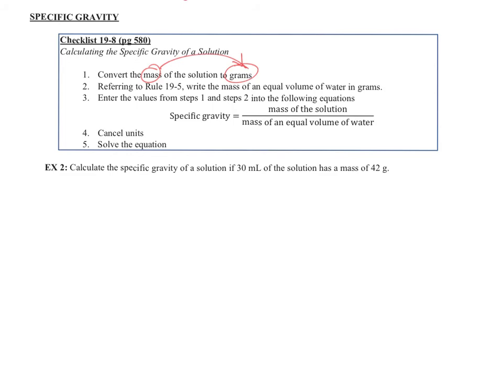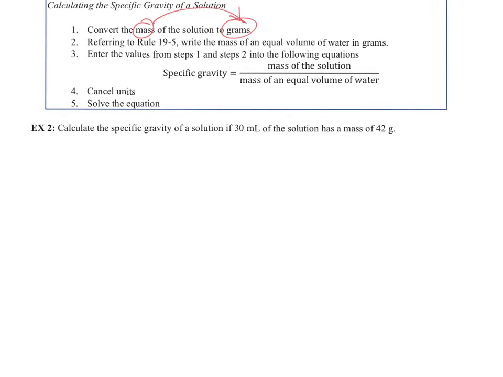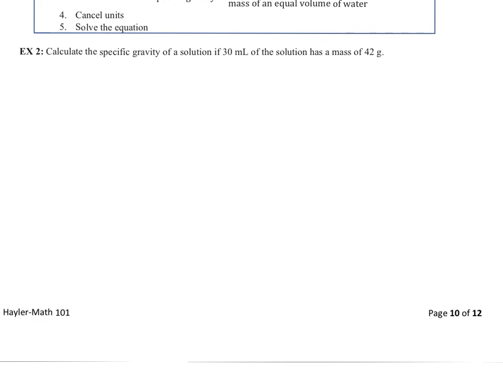Let's try this one out. Example 2: calculate the specific gravity of a solution if 30 milliliters of the solution has a mass of 42 grams. What is the first step? Convert the mass to grams. The mass we're given is already in grams, so we don't need to convert.